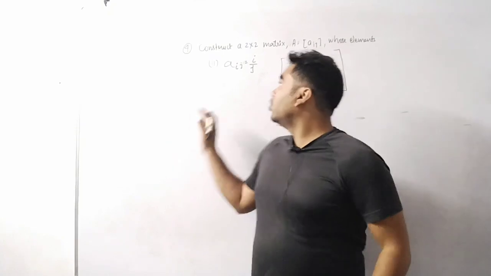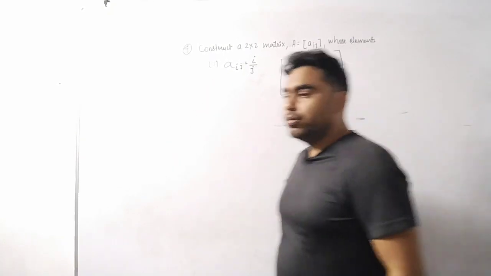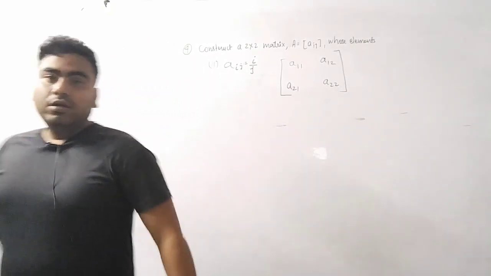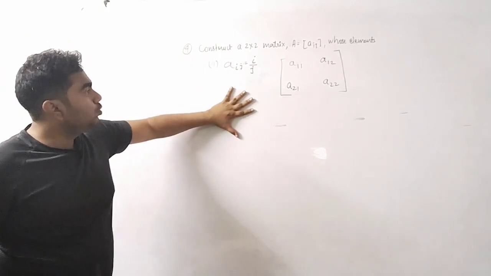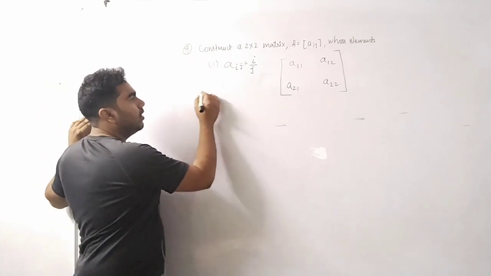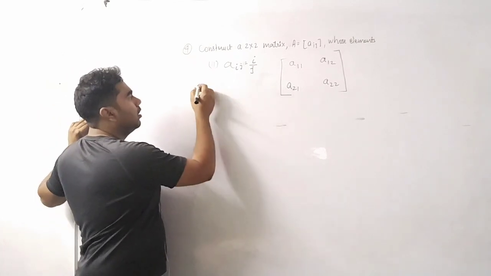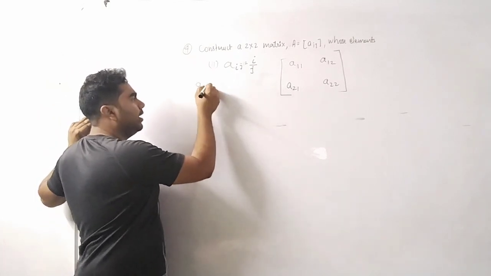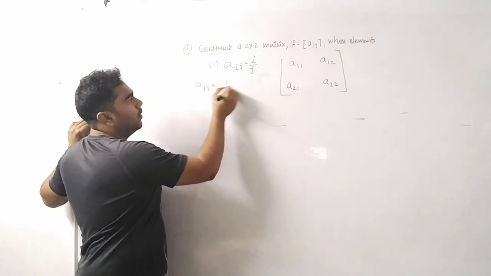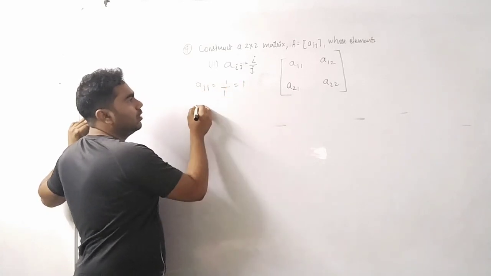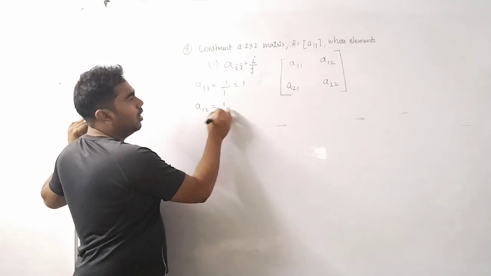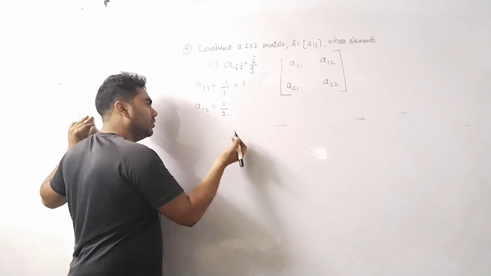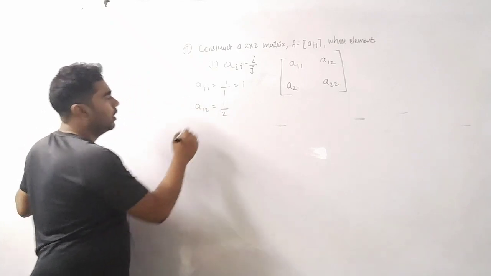Okay, let's have a look at question number 5. Similar pattern. Here we need to plug in the values i equals 1, j equals 1 for element A11: 1 upon 1 gives 1. A12: 1 upon 2, which implies 1 upon 2.